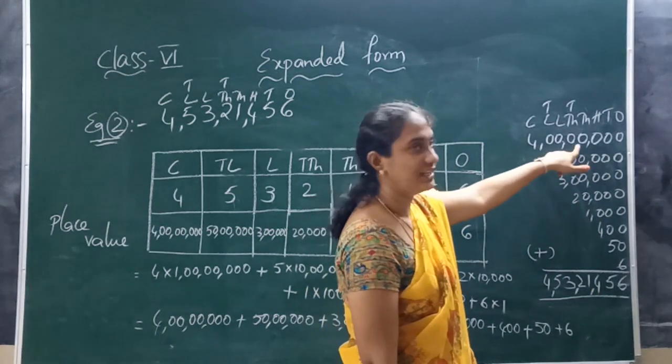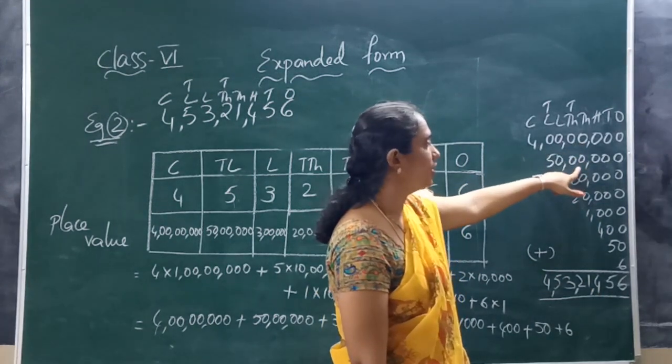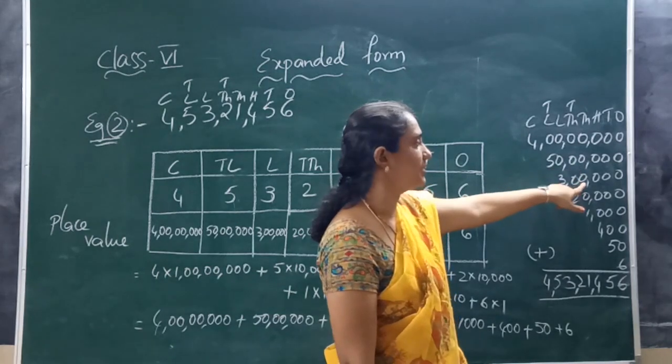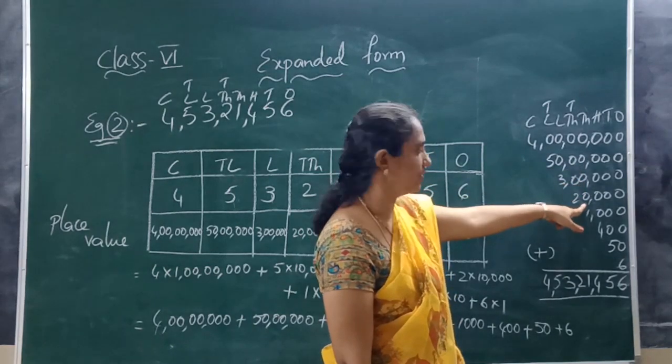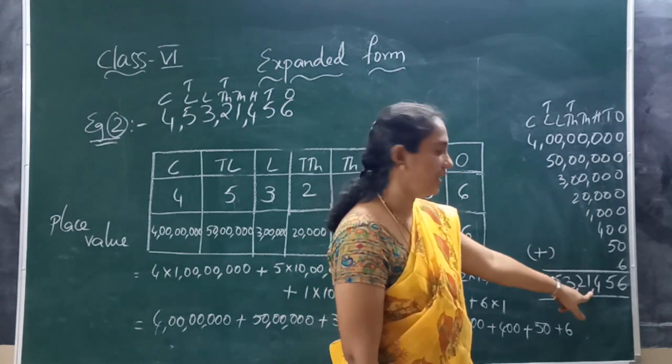Next, 1,000 place. 0 plus 0, 0, and so on, 0 plus 1, 1.